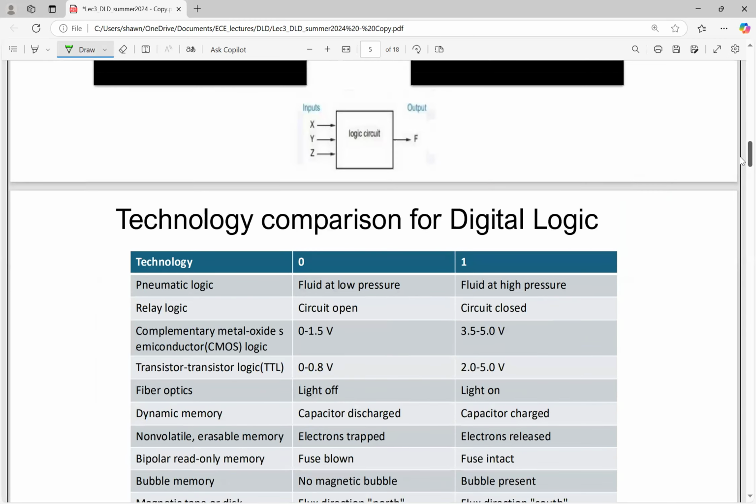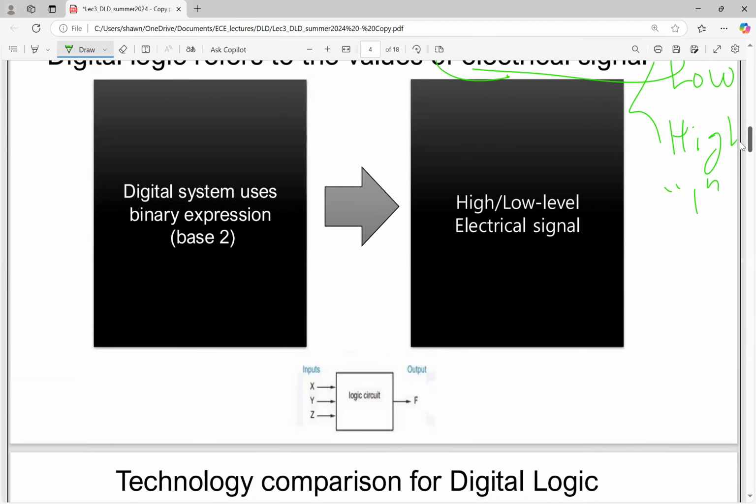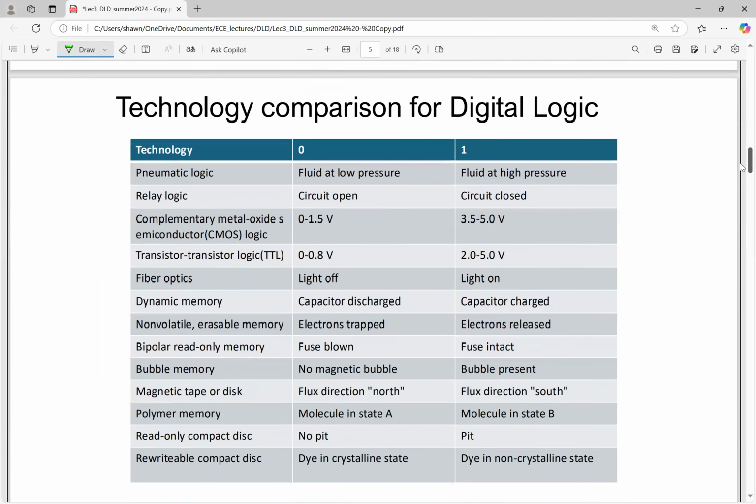So how are we going to implement this electrical signal as a digital logic function? There are many technologies that have been proposed, introduced, and commercialized.